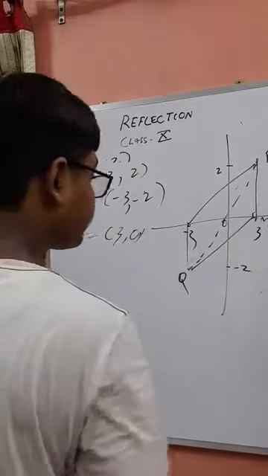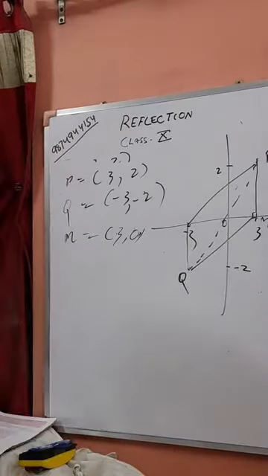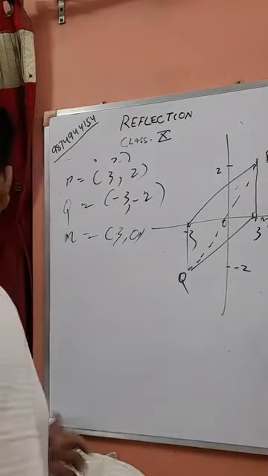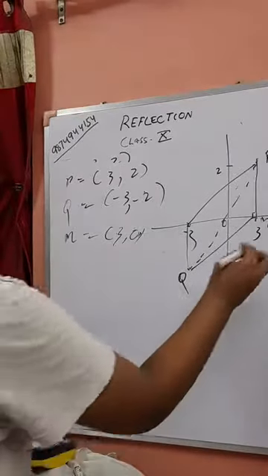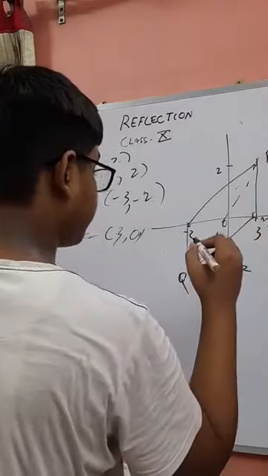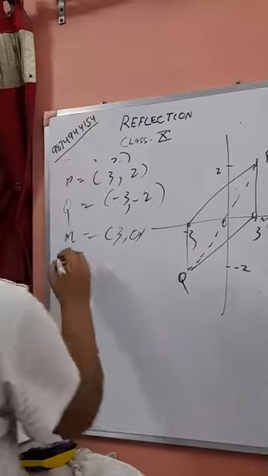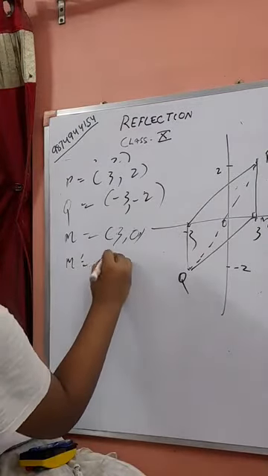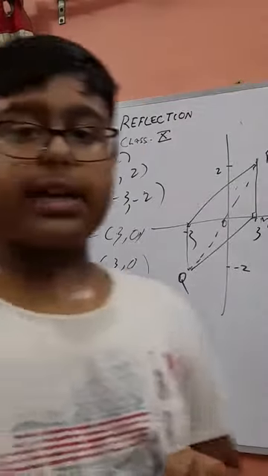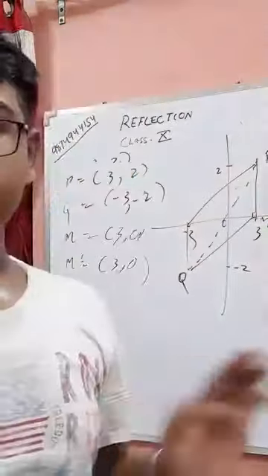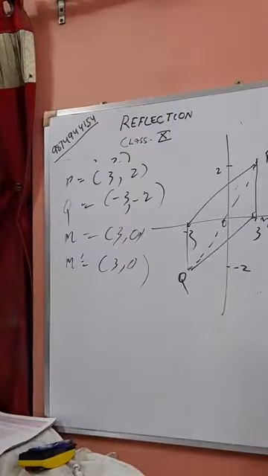The x coordinate is 3 and the y coordinate is 0. Now it is telling us to reflect this in the x-axis first. In the x-axis it would remain the same. Therefore M dash is equal to 3, 0. As the point M already lies on the x-axis, there would be no difference between the image and the object.